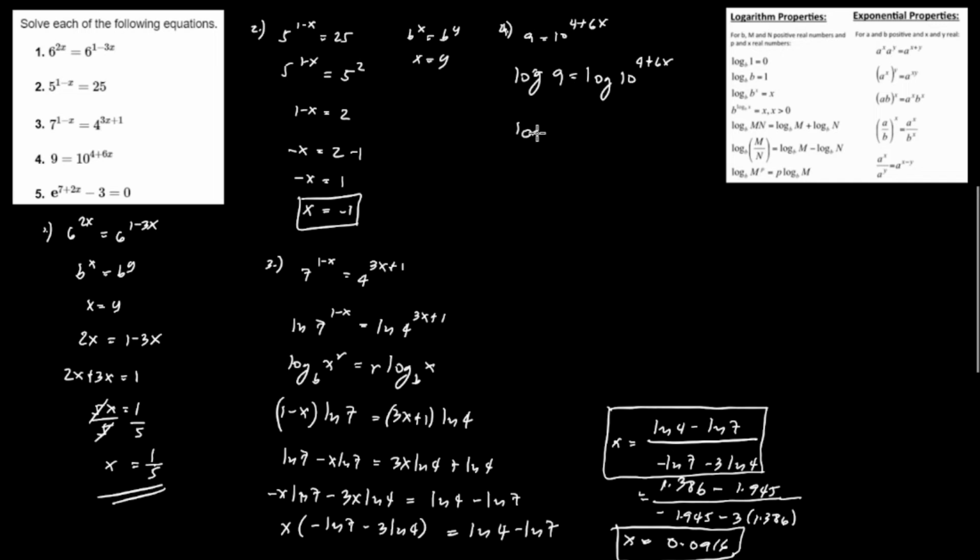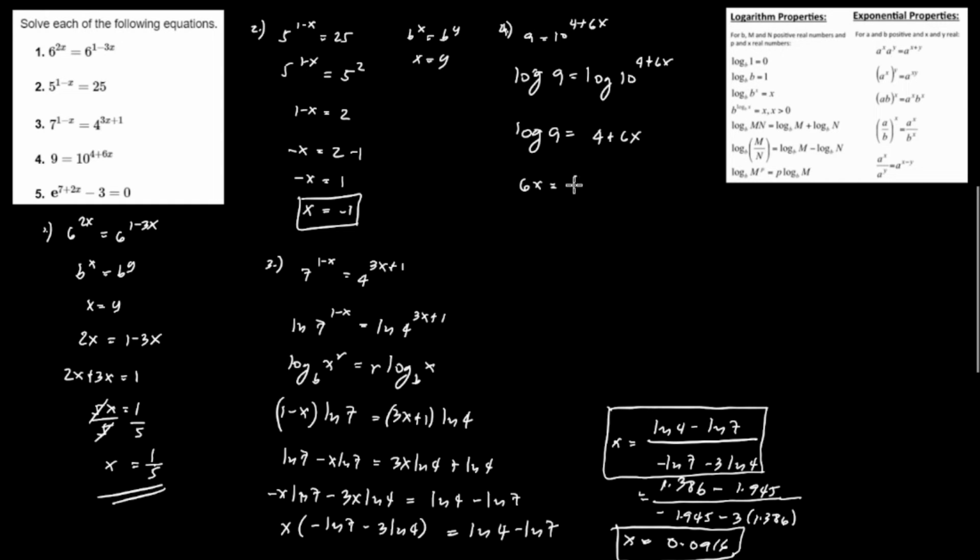So log of 9, and using the logarithm properties, log of 10 with exponent 4 plus 6x with base 10 is equal to 4 plus 6x. So this is the property.